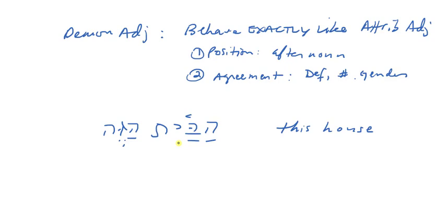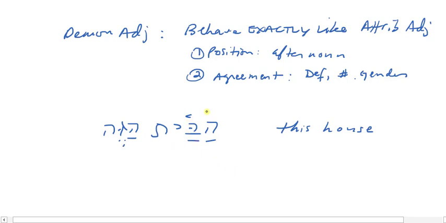And the house, the this, is which house? This house. So notice that my noun has the article because the demonstrative adjective has to have the article. Okay? And when the demonstrative adjective is in fact functioning as an attributive adjective, then it has to agree with the noun in gender, number, and definiteness. I need the ha here.